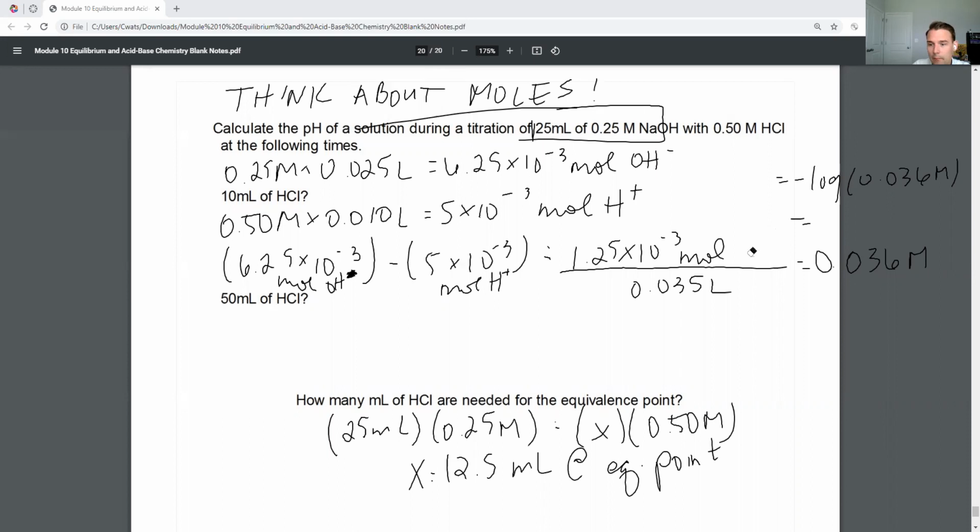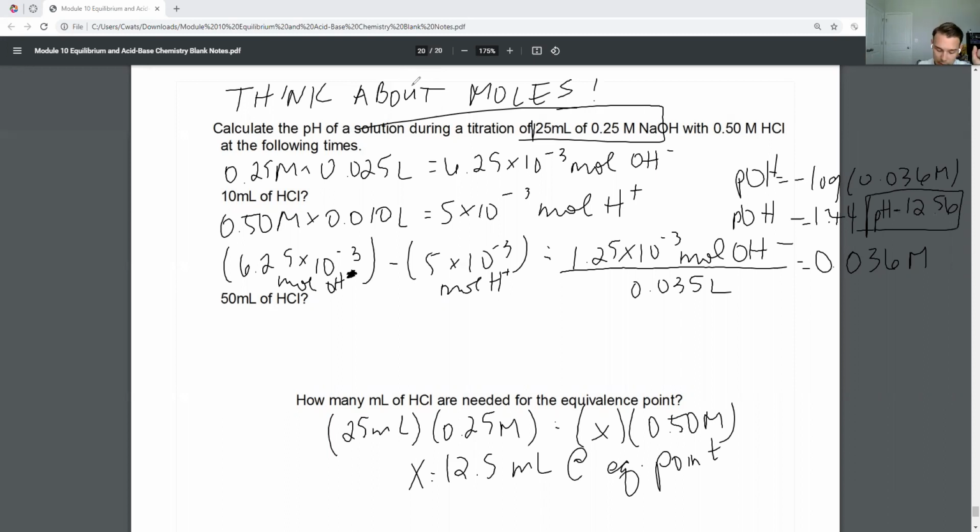What am I doing? Sorry. This is more, so that's hydroxide. So that would be the pOH. So the pOH equals 1.44. And the pH would be 12.56, which makes sense because I'm starting with base and slowly adding the acid.